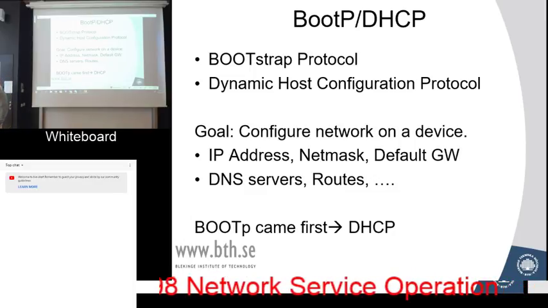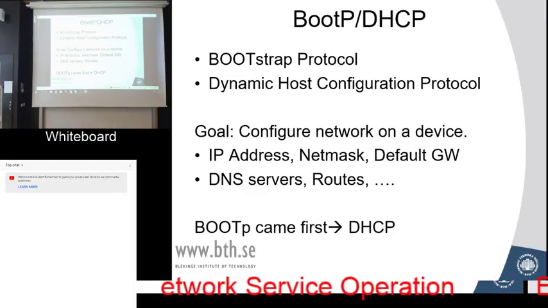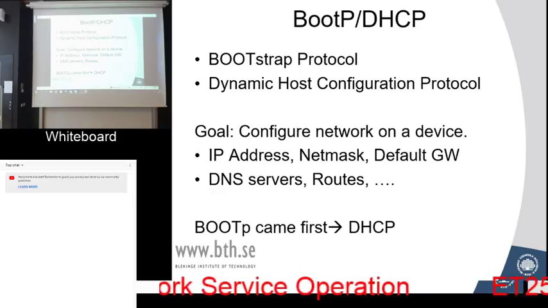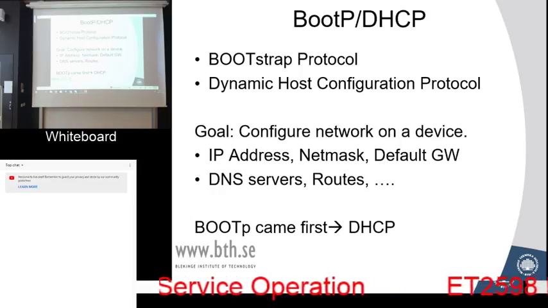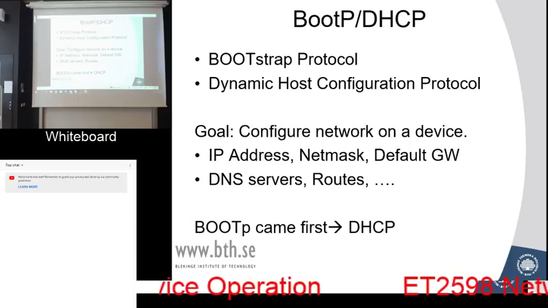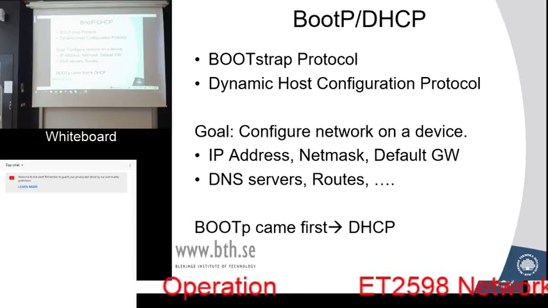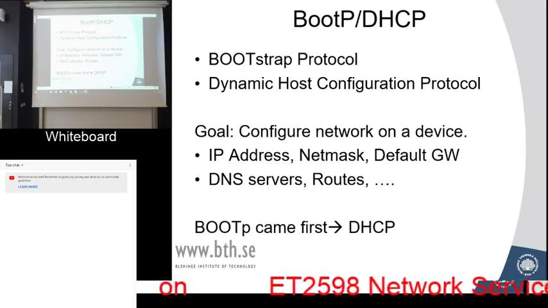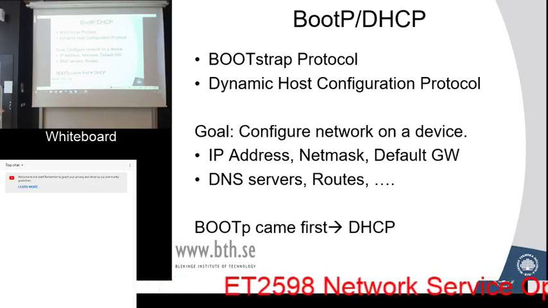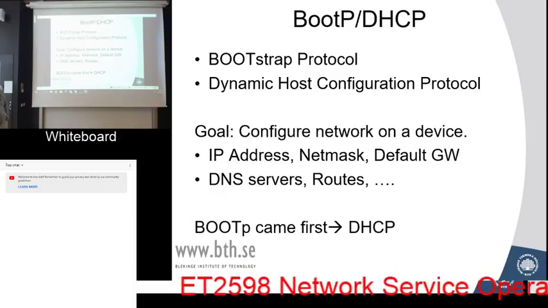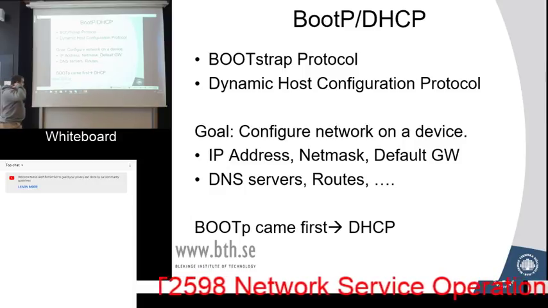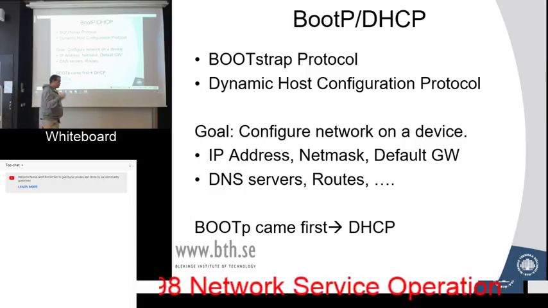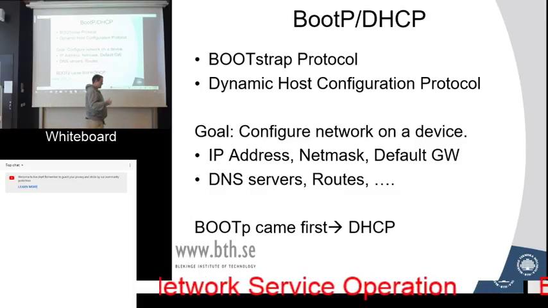Now, we can do that statically, having a file where we track when a new device is added, we grab the next available IP number and we hard code that to the device. That's absolutely plausible. The drawback with that is that you lose dynamics.